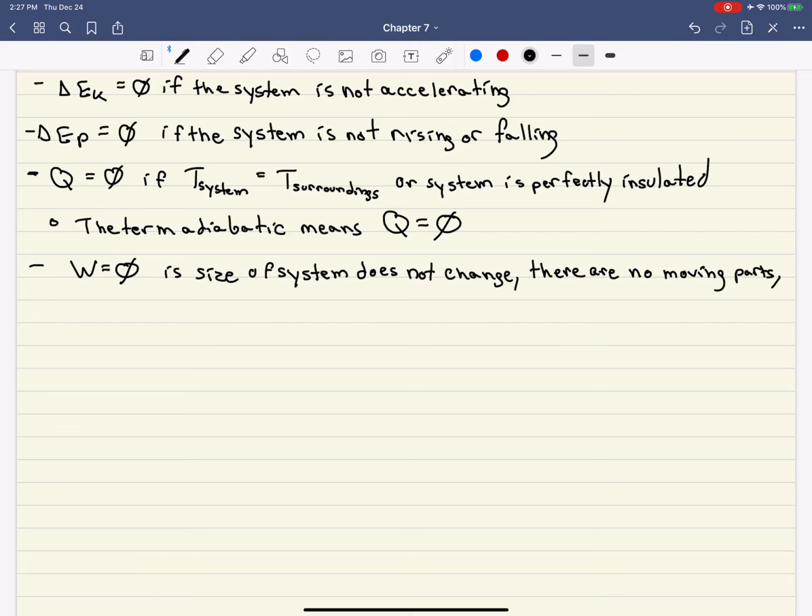If there's no electrical currents that are crossing the system boundary.